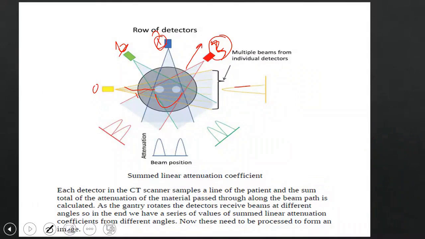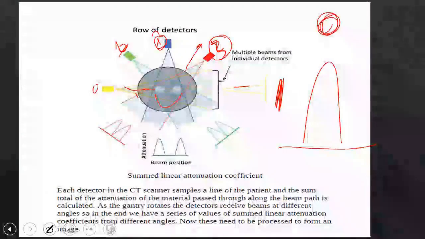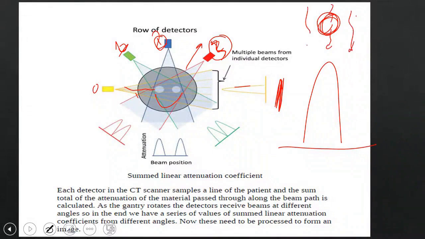So why did it create this curve? Well, it created this curve because of the way the X-ray beam interacts with the objects. Here is the object and the transmitted beam, meaning the X-ray is not passing through, but it is in my object.